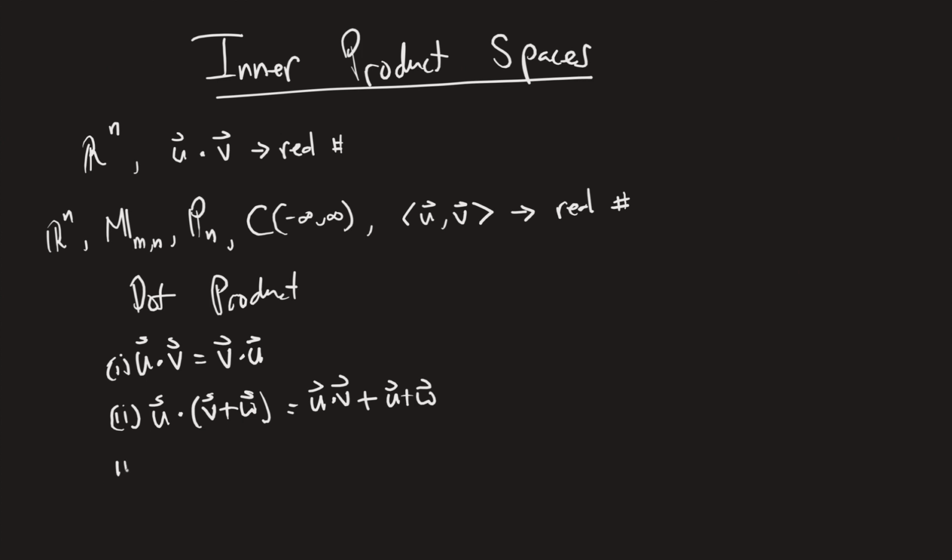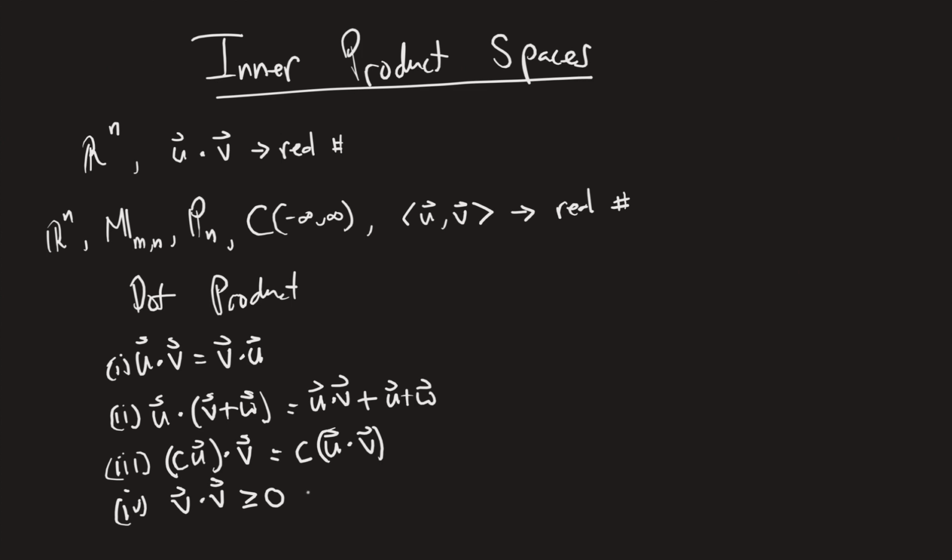There's a property that involves scalar multiplication that says if you scale a vector and then take the dot product with another vector, the result will be the same as if you do the dot product first and then multiply the result, which is a number, by the scalar c, right? And then we also have that if we take the dot product of a vector with itself, we know that we can't get something negative. So that's got to be greater than or equal to 0.